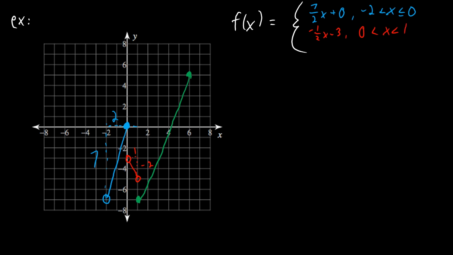Okay, and we have this green line. And I don't see any y-intercept, so we're going to have to use our point slope form to find this. And remember, that's y minus a point y, a value y. Let me just write something out real quick.